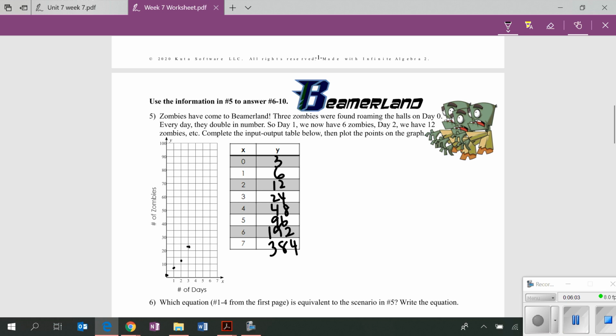Day 4, we've got 48, almost 50. Day 5, we've got 96, up here, above my 95 mark. And then 192, we wouldn't be able to graph in this case, but it would keep going up in that very steep curve trend.